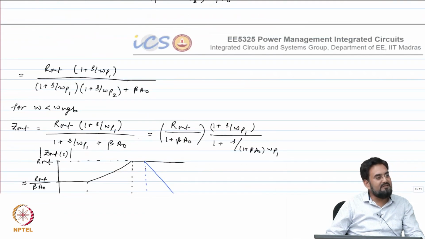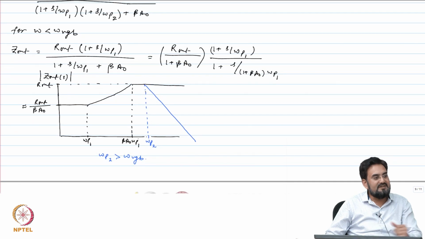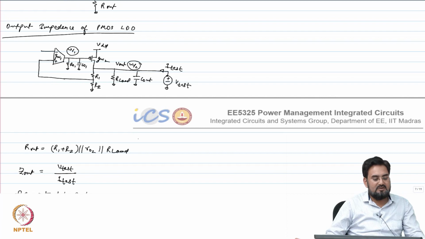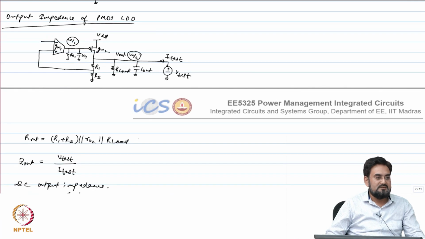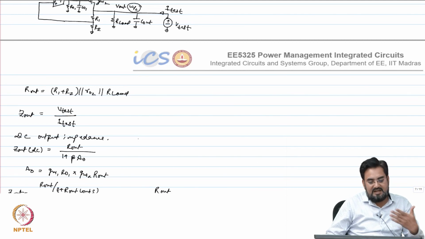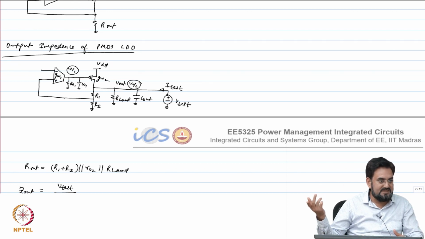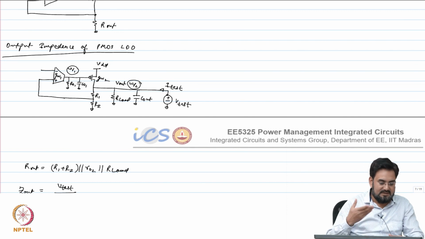See, if I want to achieve a very low impedance at all the frequencies, which pole should I make dominant? Output pole. Okay, so there are a lot of benefits of having output pole as dominant. One, obviously your PSRR, when we talk about that we will look at, but it also helps in your output impedance.